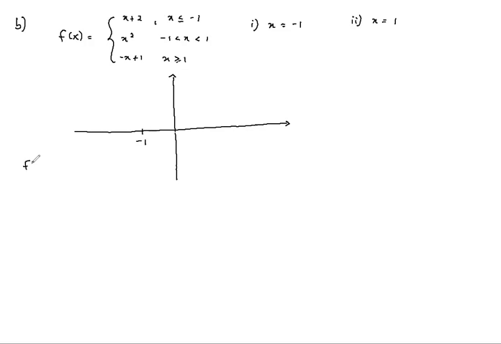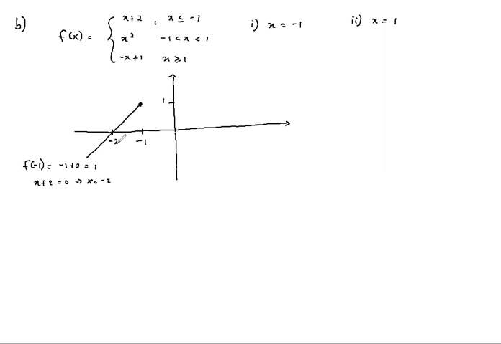But when we have negative 1, we'll substitute in the first function, because it is included in the first function domain, x is less than or equal to. But when y is 0, x will be negative 2. So this is just a straight line passing through negative 2.